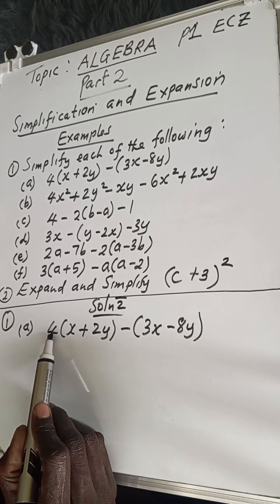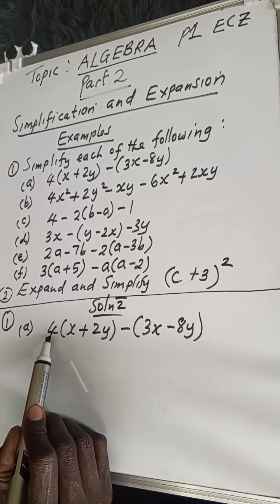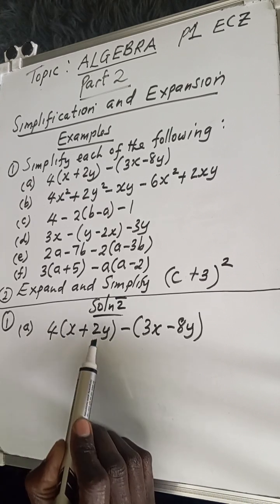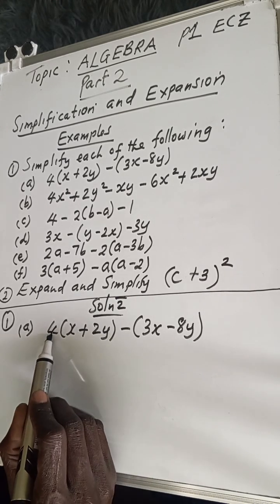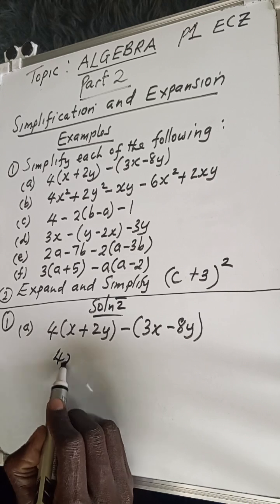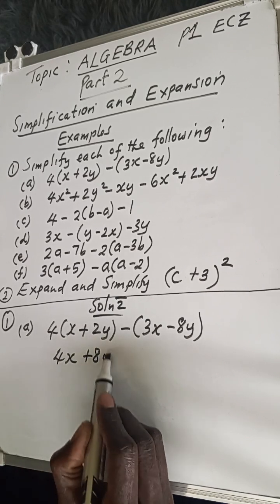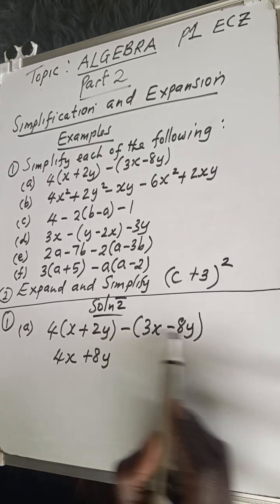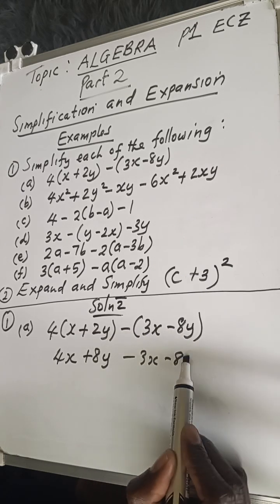So therefore this 4, because it is outside of the bracket, it simply means this number is multiplying by each of the terms inside of the parentheses. So 4 times x will give us 4x. 4 times positive 2y will give me positive 8y. Remember here, it seems as if you are just going to write minus 3x minus 8y.